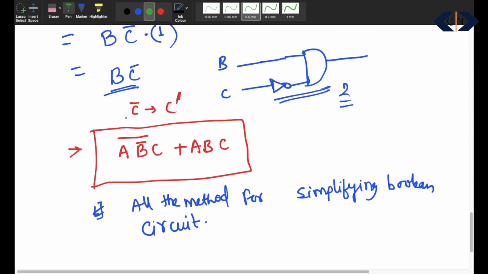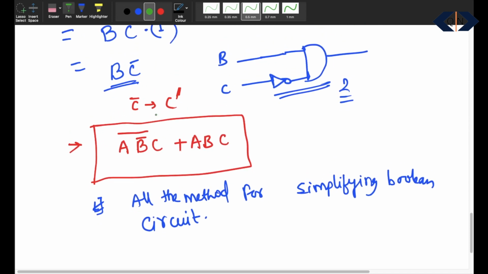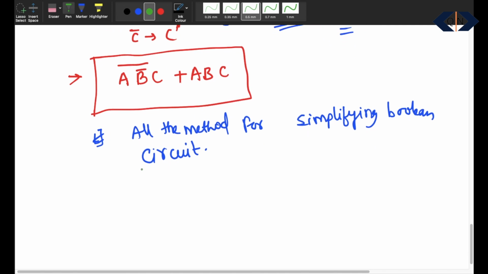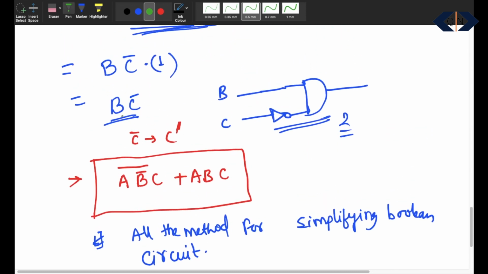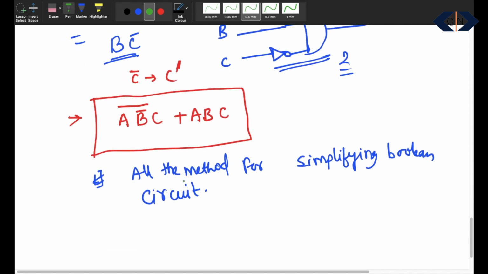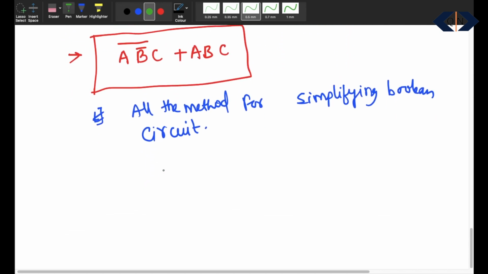So here we have utilized various laws, DeMorgan's law, and various identities. We will be looking at various other simple methods to make this process quicker, because for now we can see that the expression is slightly simple, but there can be more complex expressions with many variables.